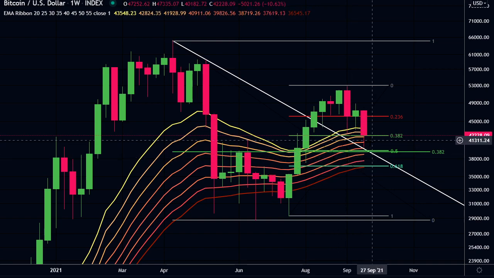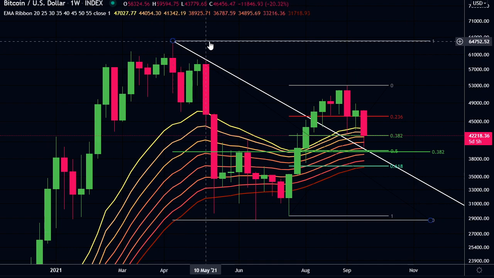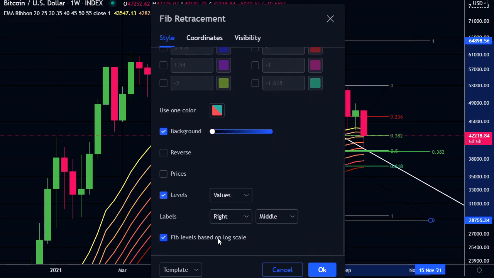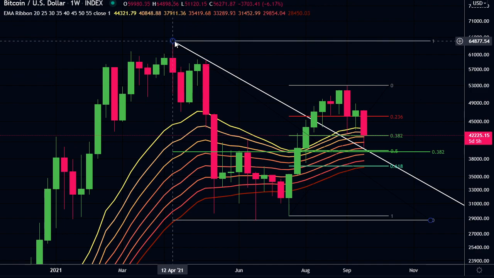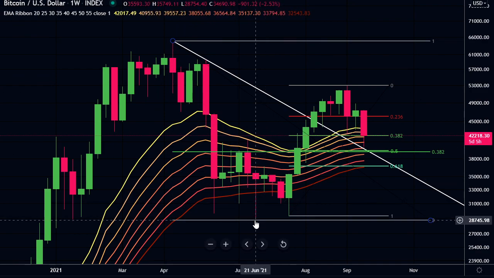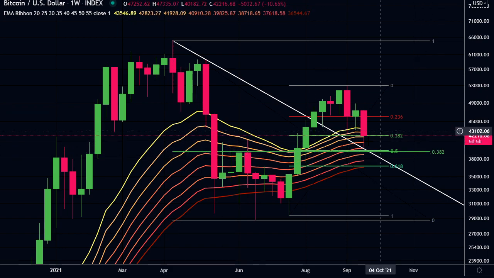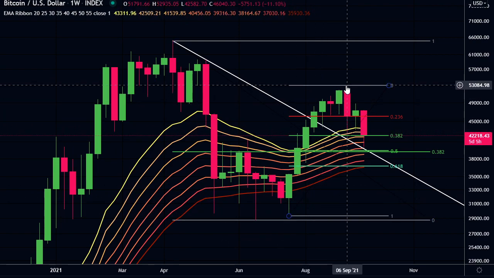Another interesting thing to note here is when looking at the fib retracement, this is on the log scale, with the fib retracement also on the log settings here, fib levels based on log scale. Can see the overall retracement from the 65k peak to 29k low, and I've just got the 0.382 level marked here, and then doing the fib retracement from the low here to the high at 53k.